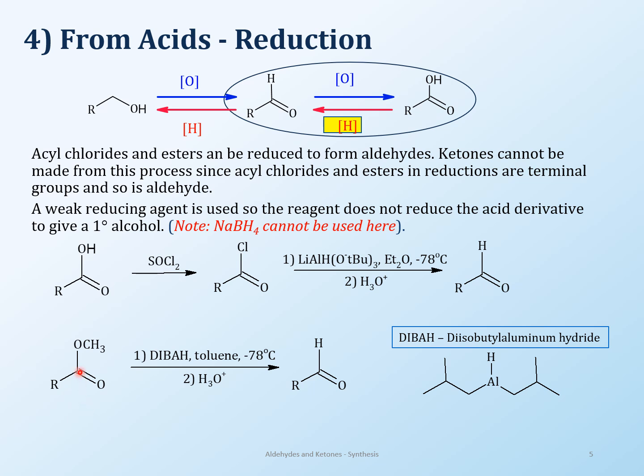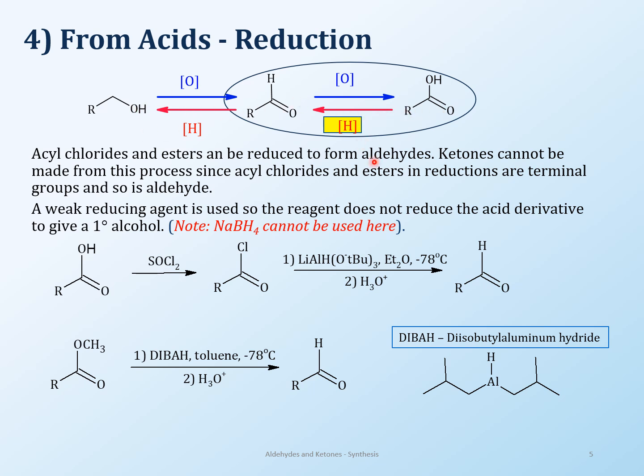And in case you're wondering what kind of reducing agent I need here, because remember, if you have a strong reducing agent, you will go all the way to the alcohol. Which means you need something strong enough to reduce it to the aldehyde, but not strong enough to take it all the way. Okay, so LAH is out. Lithium aluminum hydride, you cannot use that because that will take the acid all the way to the alcohol.